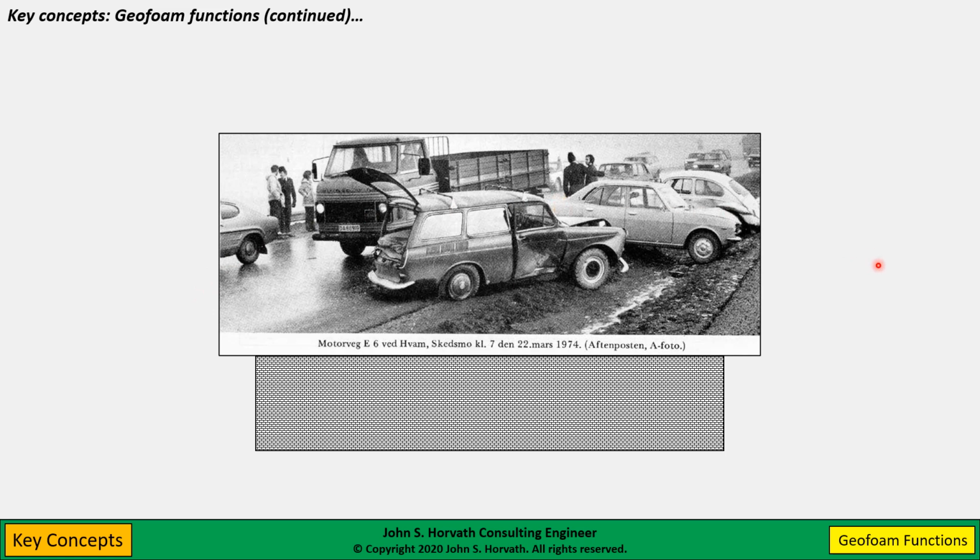We know how to design for this now when we use EPS block geofoam, but this is an excellent point I'm getting at. We may be using the EPS block geofoam as a lightweight fill for an embankment, or as we'll see in an earthwork application, earth retaining structure application, but we may not be using the thermal insulation function of that geofoam, but we sure need to keep it in mind during design.